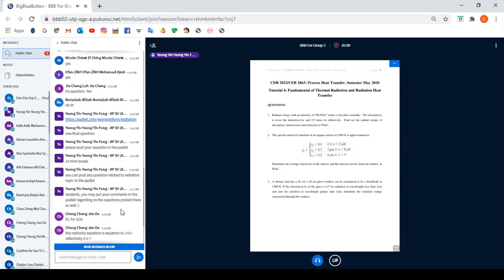Okay, let me answer the question from Chinwei. If in the test, the question asks us to discuss, do we need to calculate the actual value? No need. In the test, you just stop there and then comment and discuss your answer. Otherwise you will spend a lot of time to get the real value. For the assignment, you have 1 week to complete the 3 questions, so you have sufficient time to repeat the calculations.